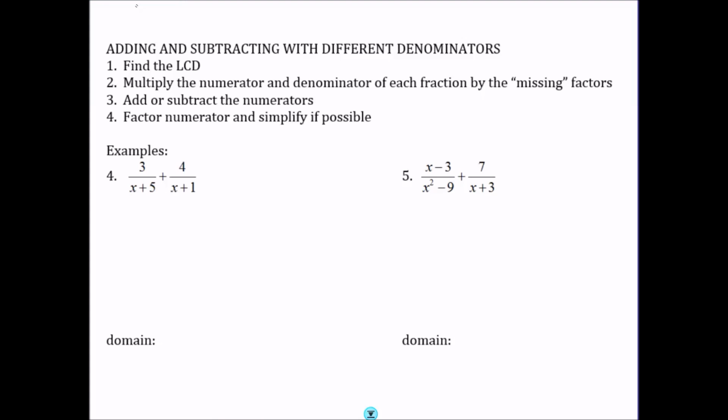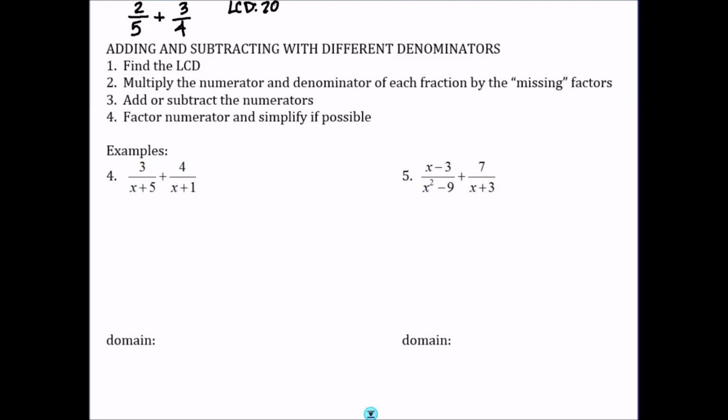If we have 2/5 plus 3/4, we want to find the smallest number that has both 5 and 4 as a factor. So that number will be 20. So our LCD is 20.